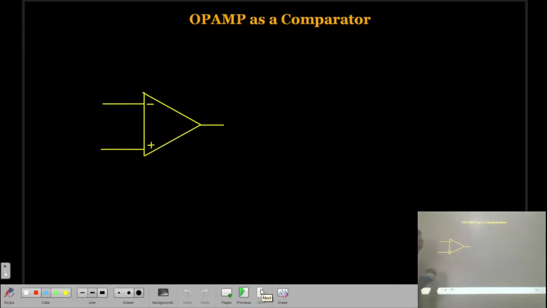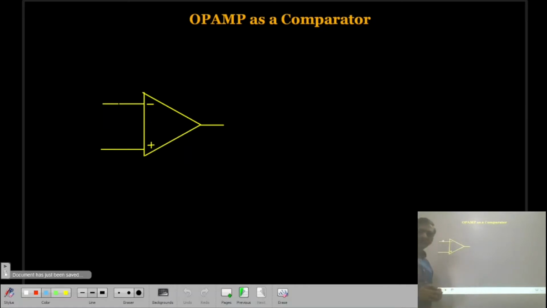In the operational amplifier, we know that it has two inputs. One is known as the inverting input and the other is the non-inverting input, and the third terminal is the output voltage of the operational amplifier. Here the operational amplifier is used in open loop, meaning we are not providing any feedback from output to input.